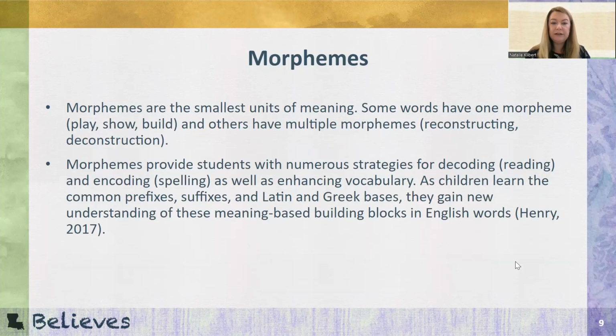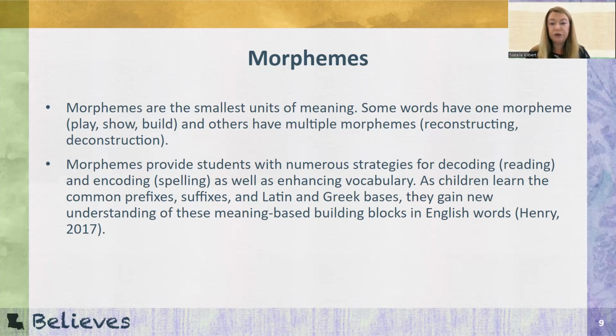Morphemes are the smallest units of meaning. Some words have one morpheme, like play and show and build, and others have multiple morphemes, like reconstructing and deconstruction have 4. Okay, so re is a prefix, con is a prefix, struct is a base, and ing is a suffix. So just by learning those 4 word parts, students can then apply them to multiple different words.